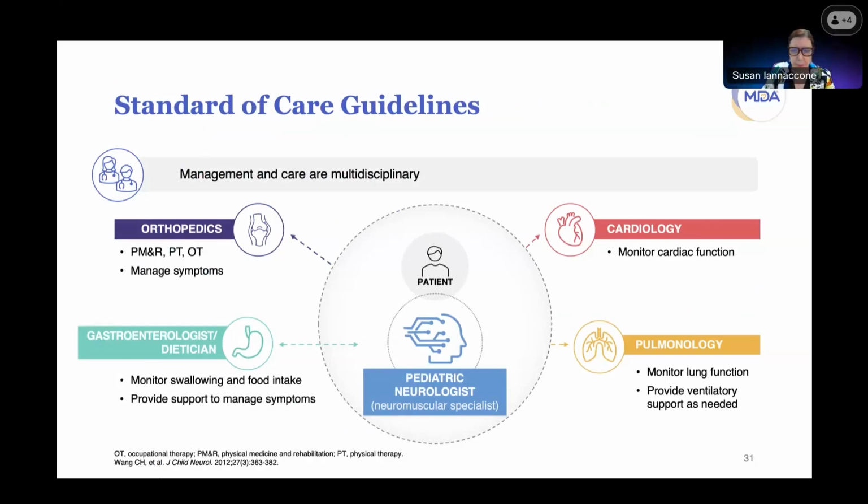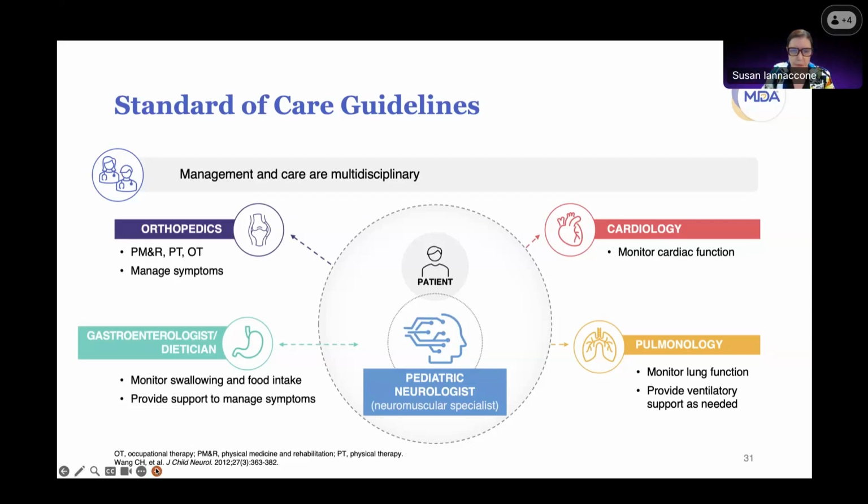Many of these have been published. And as Zuri has mentioned, there is multiple system involvement in these patients. And so the management and care must be multidisciplinary, with the patient at the center of this care program. Generally, the pediatric neurologist is the one who oversees all the subspecialty care.